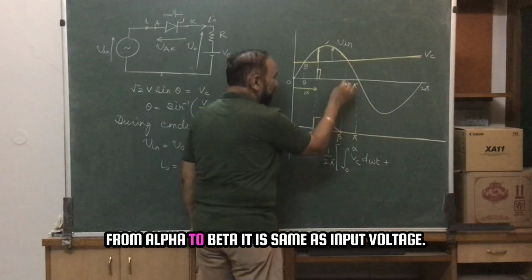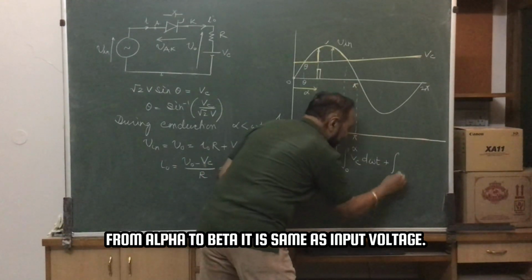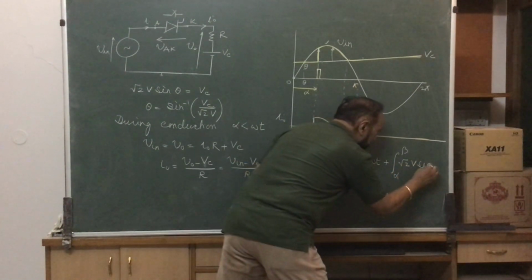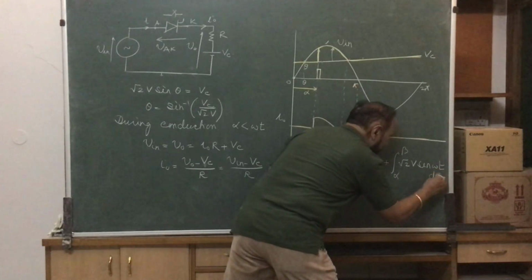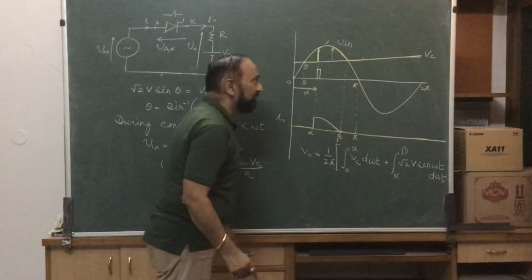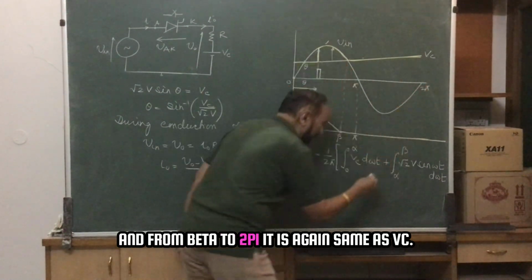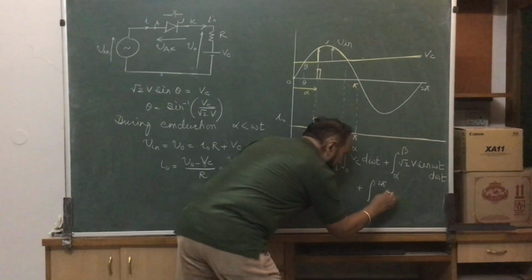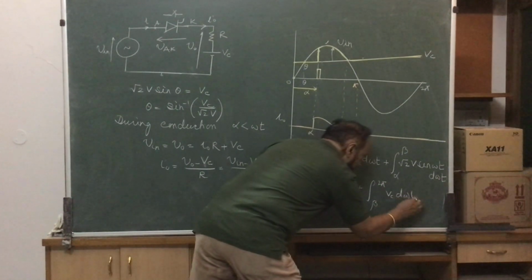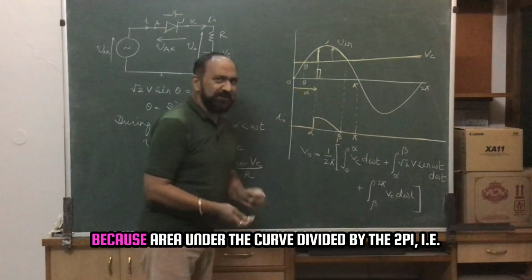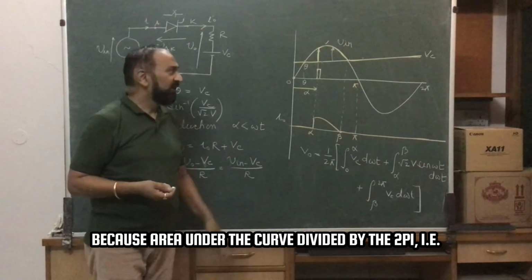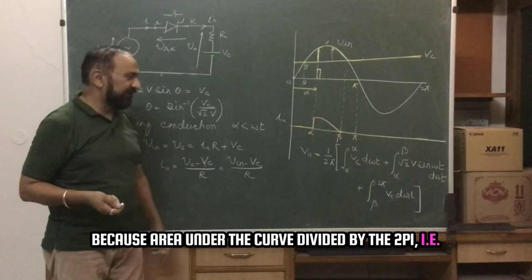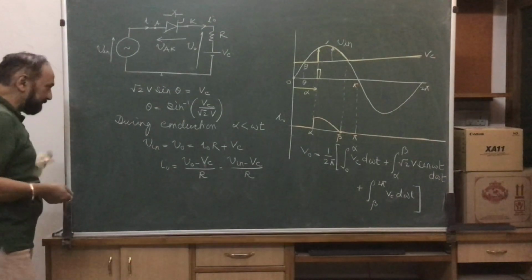From alpha to beta, it is same as input voltage. And from beta to 2 pi, it is again same as VC. Do it mechanically because area under the curve divided by the 2 pi, that is the average output voltage.